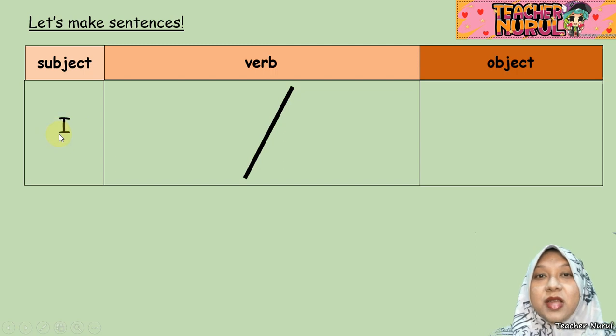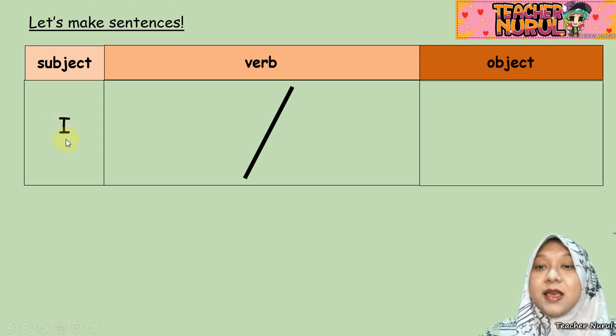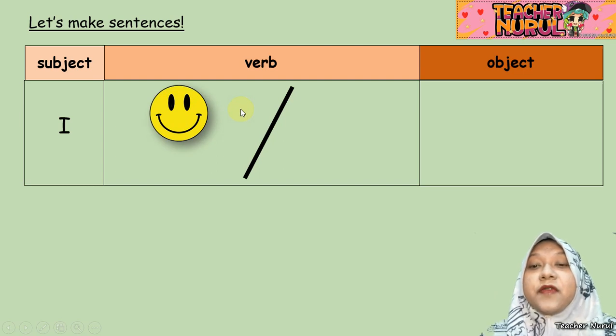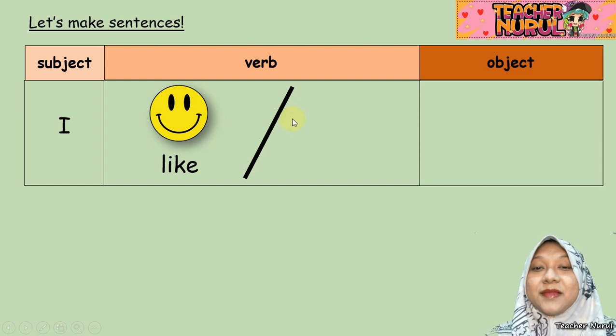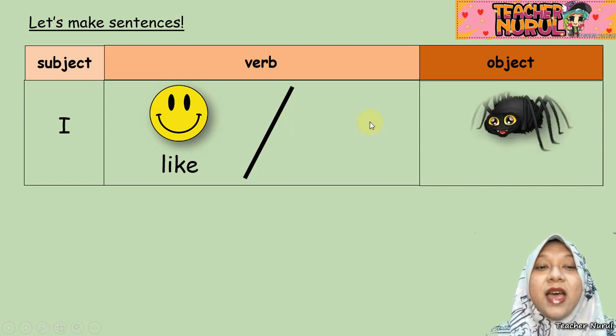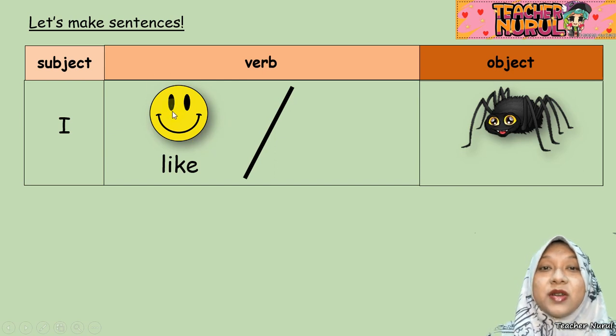Today we're going to focus only on I. For the verb, we are going to learn about two verbs today. First we have like. The other one is don't like, but we're going to focus on like first.